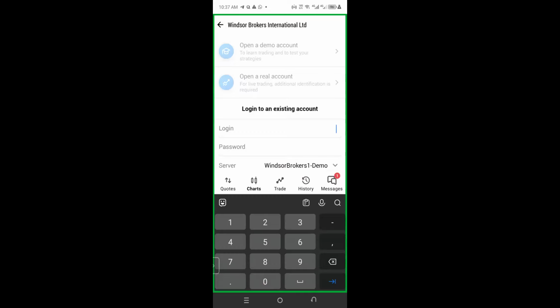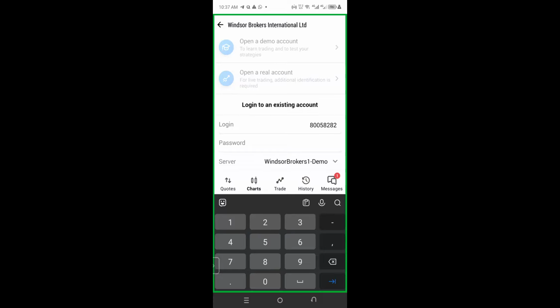The next thing you need: this login is not username based, it is number based. For all the brokers, it's always a number, even HotForex, and then they will send you the password. Please pay attention to the broker. The number we have here was 800582, 82.